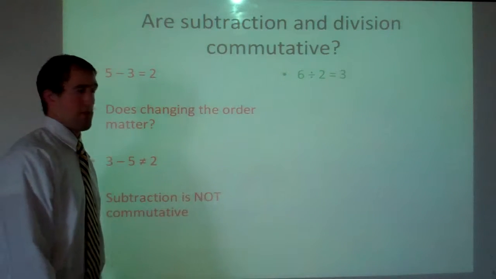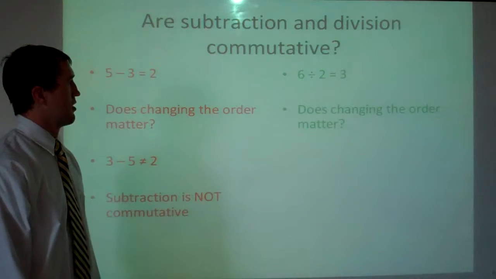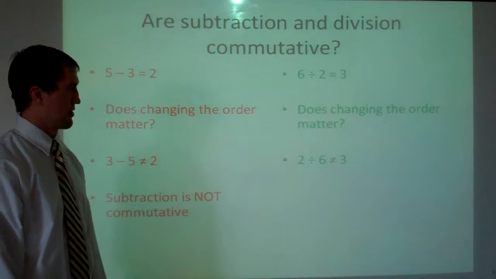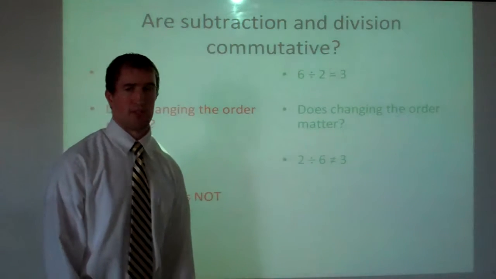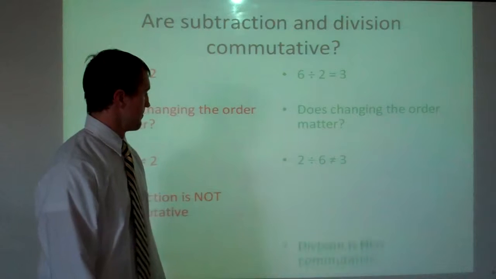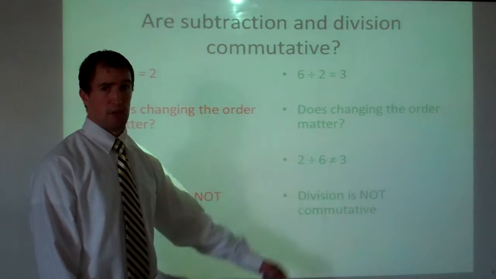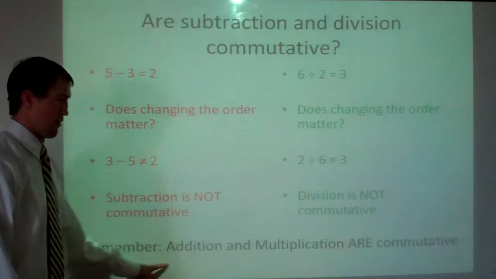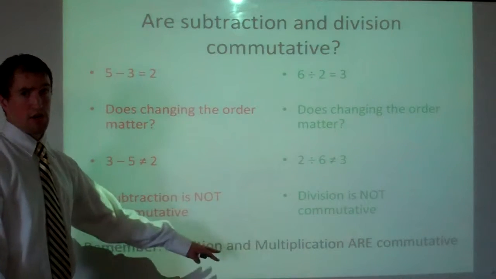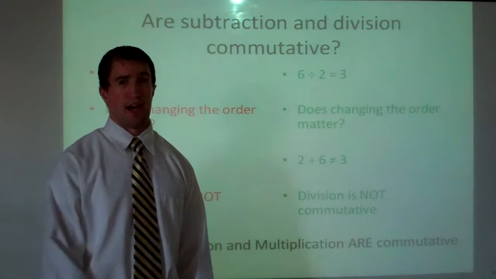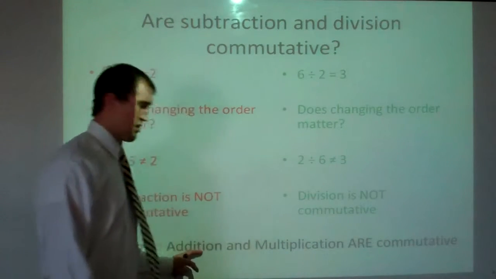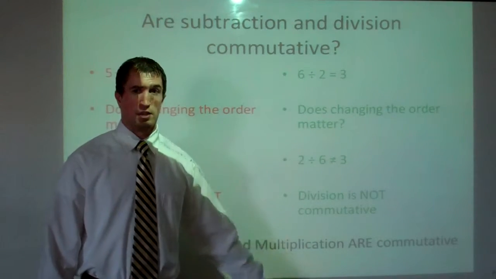Division. 6 divided by 2, we get 3. Does changing the order matter? Yes, it does, because 2 divided by 6 is not 3. 2 divided by 6 is 1/3. Division is not commutative. Remember, addition and multiplication are. Most of the properties that we talk about only apply to addition and multiplication.